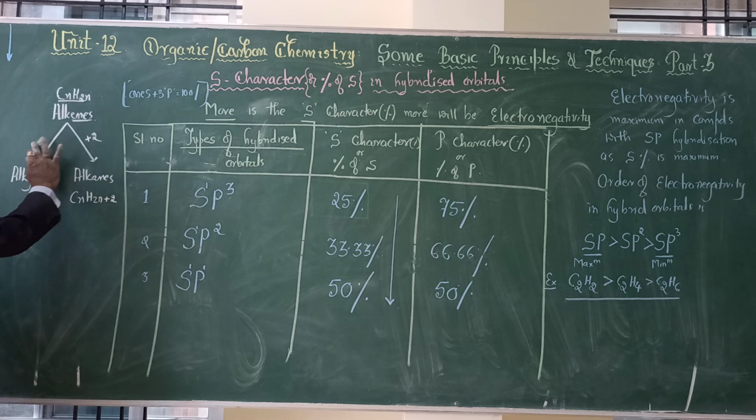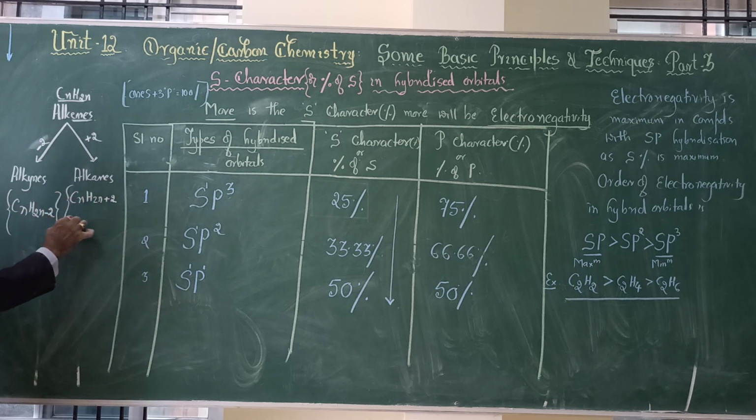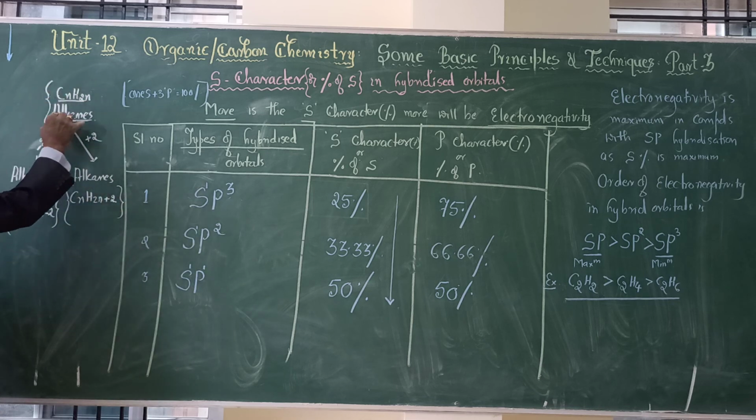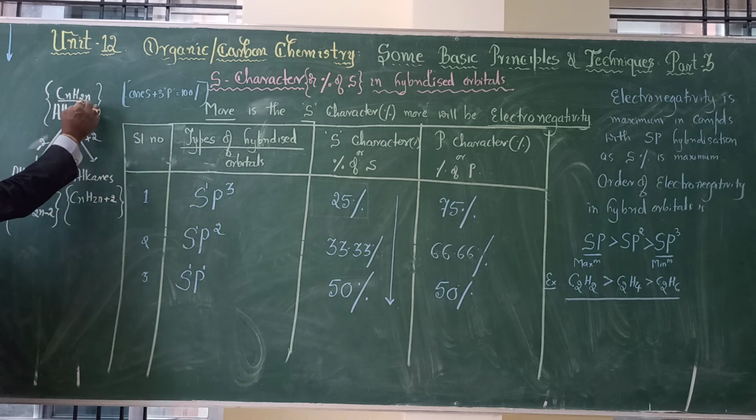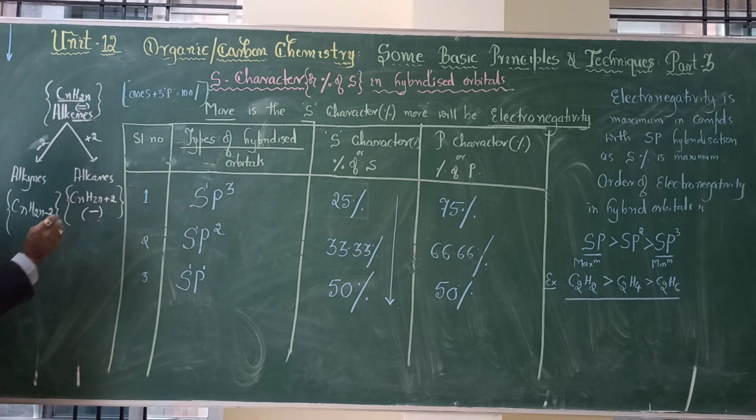Hydrogens will be 2 more. And if you subtract 2 hydrogens, it becomes CnH2n minus 2. So these 3 formulas you have to remember. Alkanes CnH2n plus 2, alkenes CnH2n, alkynes CnH2n minus 2. So ANE is saturated, single bond compounds, ENE are double bond compounds, and YNE are triple bond compounds.